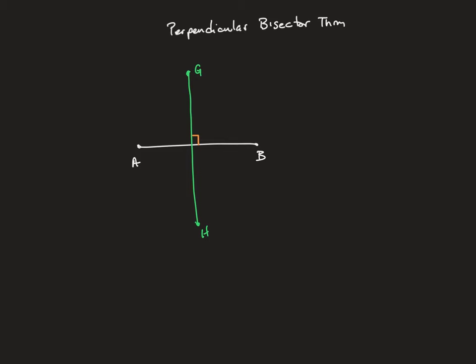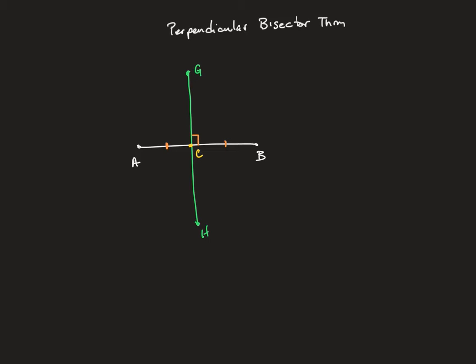This midpoint right here must be point C. If that's the midpoint, then I know this segment is equal to this segment, because that's what a bisector does at the midpoint. The midpoint means it is cut in half.